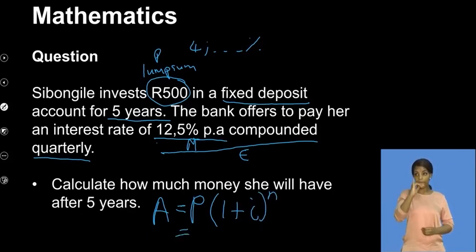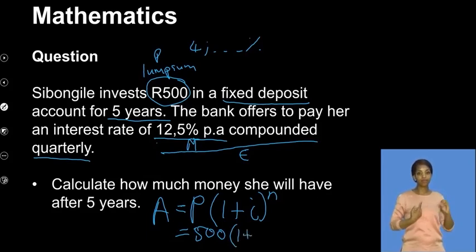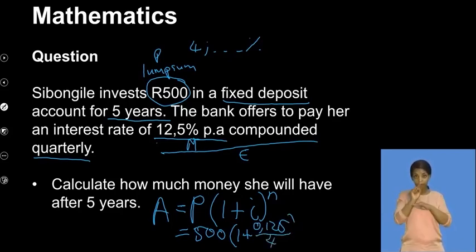And then my P, remember, will be the 500, and this will be multiplied by 1 plus, remember we said interest, we don't use it as a percent, but we use it as a decimal fraction, meaning it's going to be 0.125, but this is divided into 4 months, or rather 4 quarters, right? To the exponent of now 5 years, it means in every year.